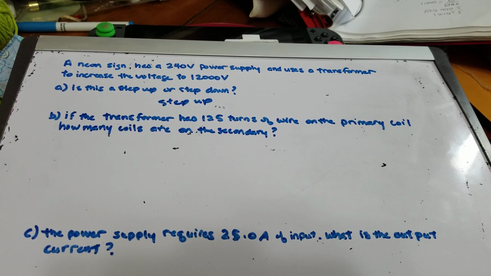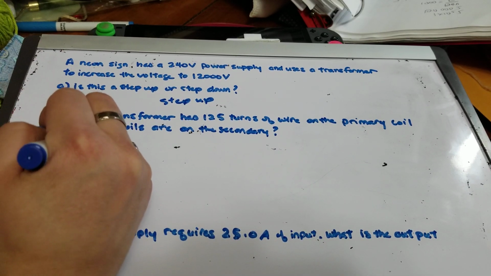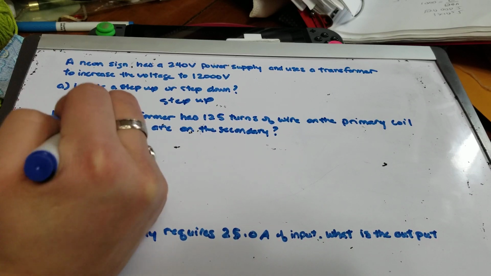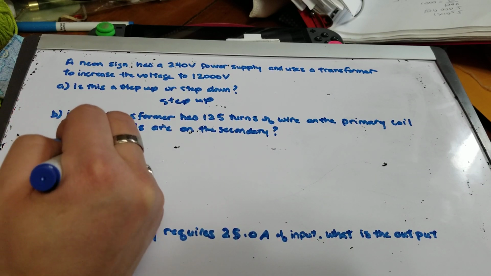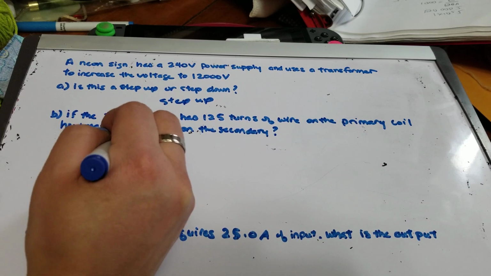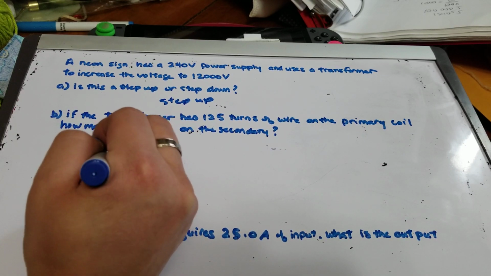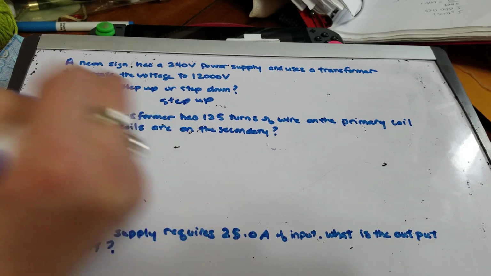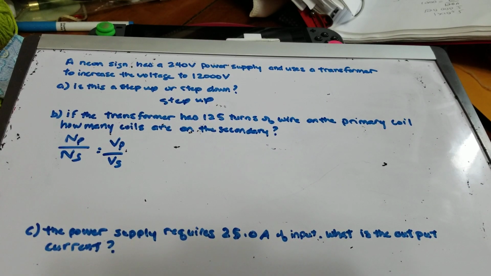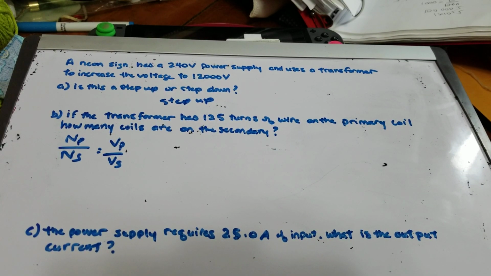The original formula from the notes goes NP over NS is equal to VP over VS. So number of coils primary divided by number of coils secondary is equal to voltage of the primary divided by voltage of the secondary.